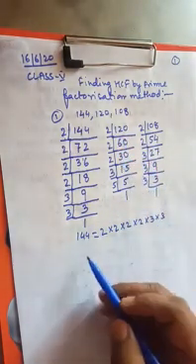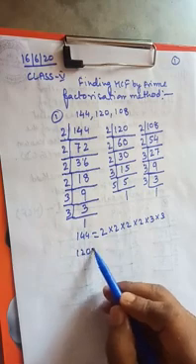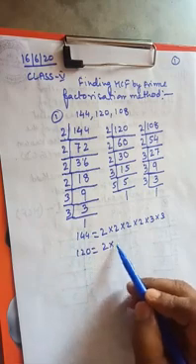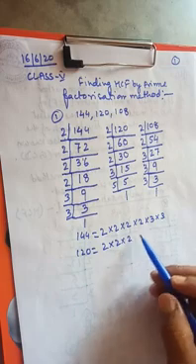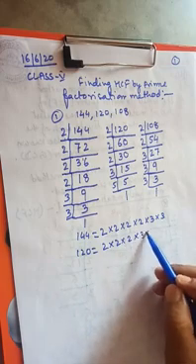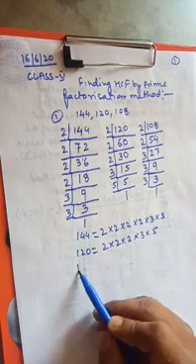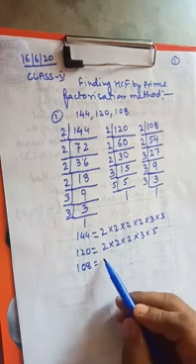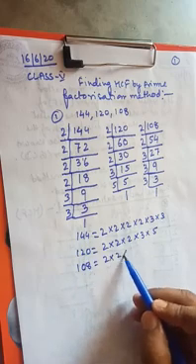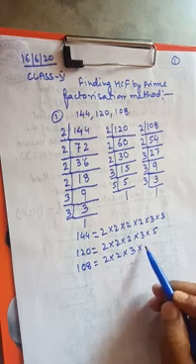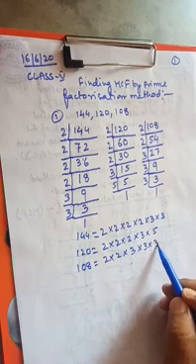In 120, 2 is 3 times, then 3, then 5. Now 108, 2 is 2 times and 3 is 3 times.